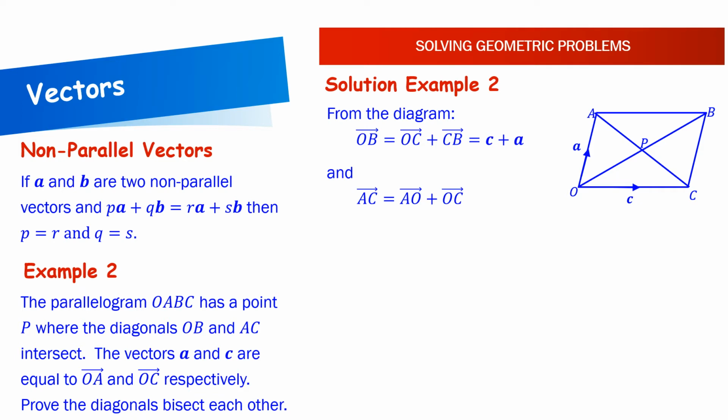We also have that AC equals AO plus OC. And of course, AO is equal to minus OA, and OC remains the same.